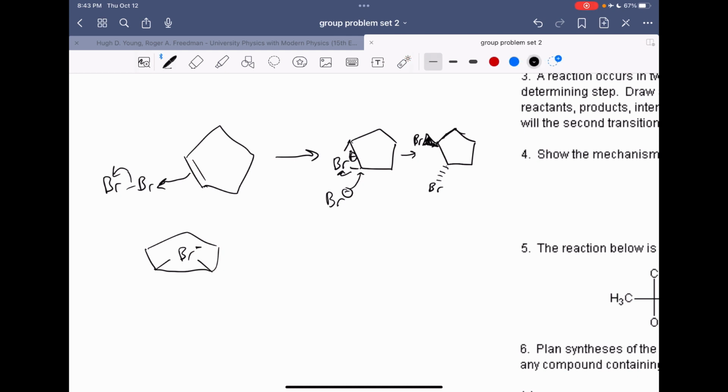So this other bromine, the bromide, will come up here and try to attack one of these, so that now one of these bonds will be upwards, the out of the page one, I guess, and then this other one will be into the page. So yeah.